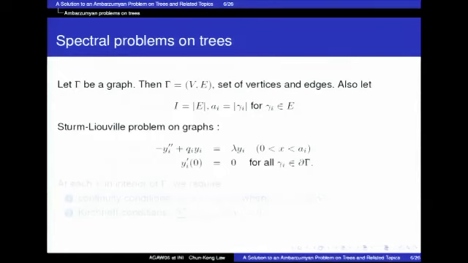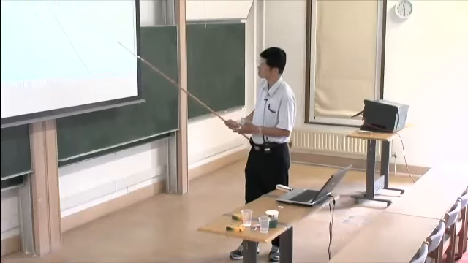So now let's consider the graph. As I said, vertices and edges, I is the number of edges, and a_i is the length of gamma_i in E. On the boundary, the derivative is 0.